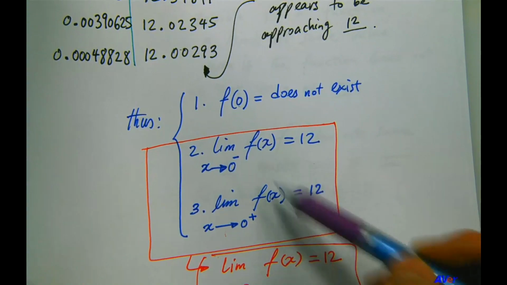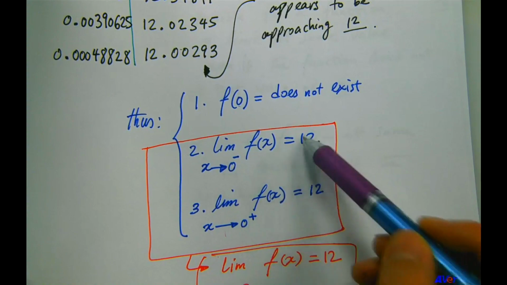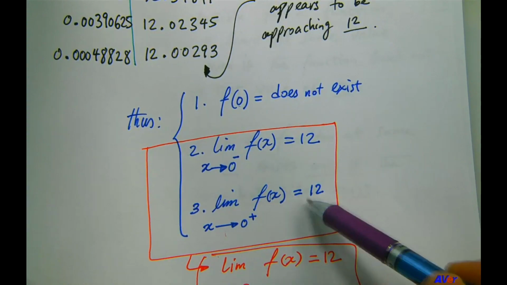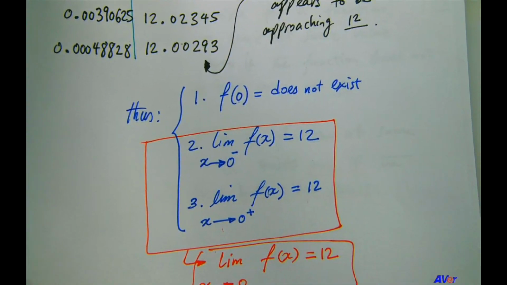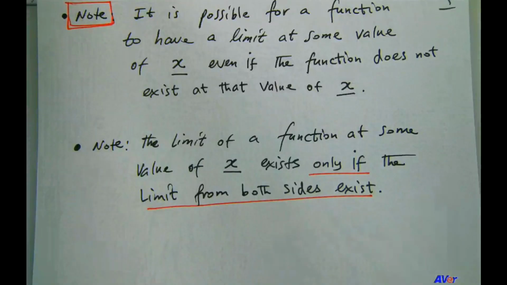So in order for a function to have a limit, limits from left and right must be equal. Then we say that the function has a limit as x approaches 0. And that's what that statement is saying.